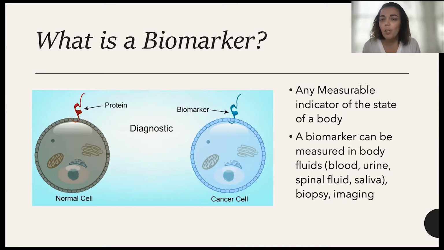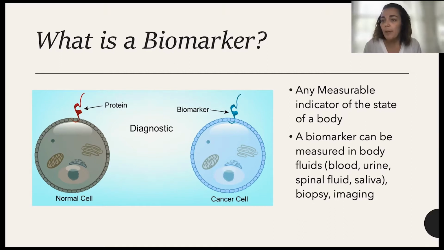So a biomarker is a characteristic that is objectively measured and evaluated as an indicator of normal biological processes, pathogenic processes, or pharmacological responses to some therapeutic intervention. More generally, a biomarker is anything that can be used as an indicator of a particular disease state or some other physiological state of an organism.